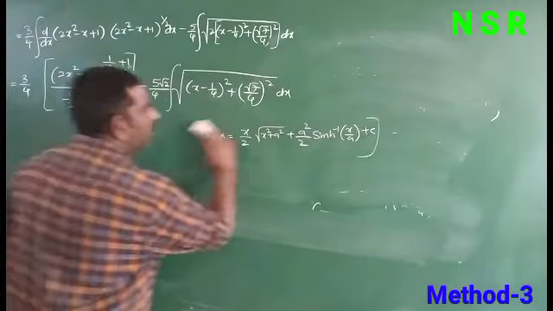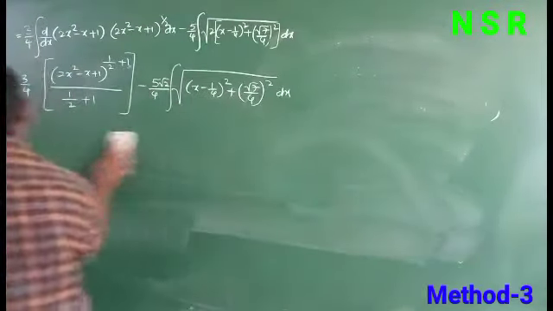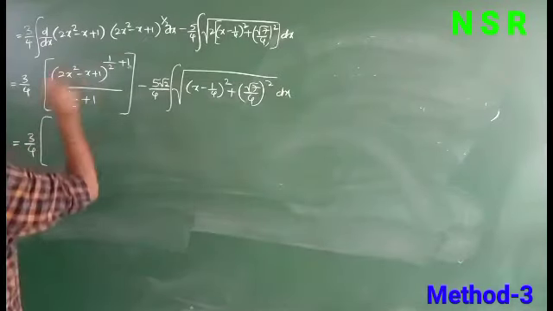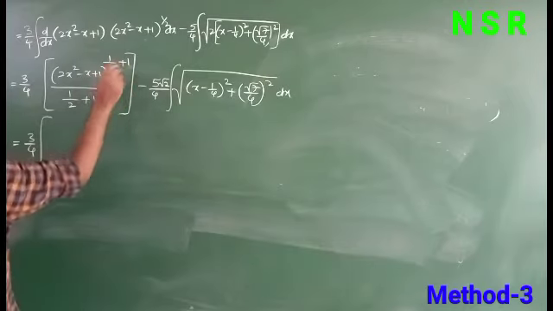So we get 3 by 4 into 1 by 2 plus 1, 1 and 1 are 2, plus 1, 3 by 2.